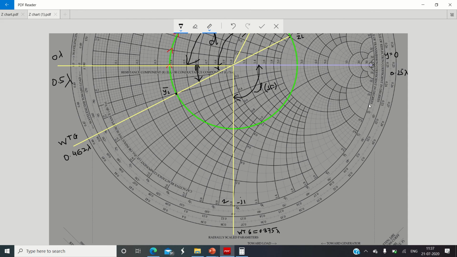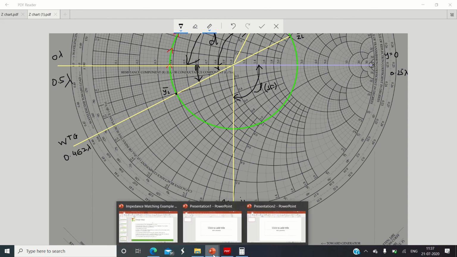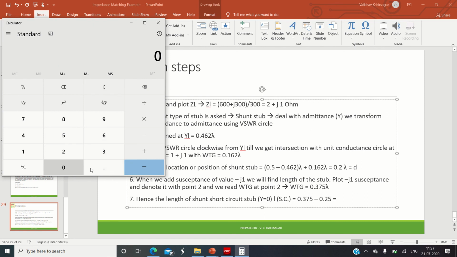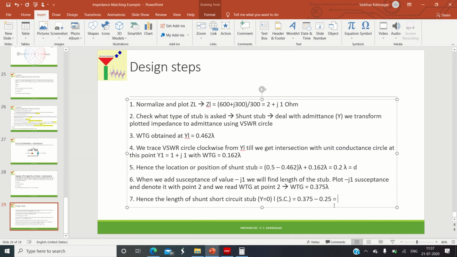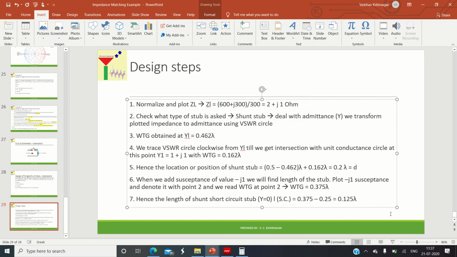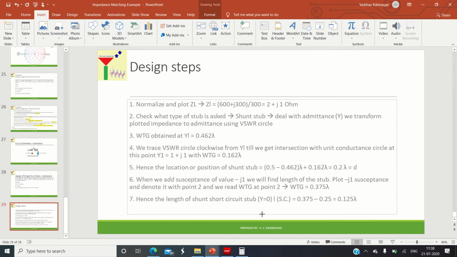So 0.375 minus 0.25 lambda. How much does it give? 0.125 lambda. So here I will write 0.125 lambda, insert the lambda symbol and close. Okay, so this is one solution for finding the short circuit length of the parallel stub.